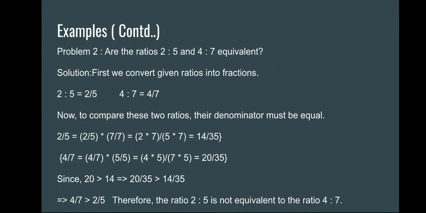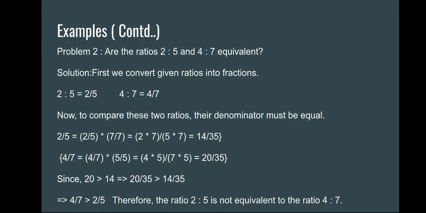Similarly, I am going to multiply 5 to the numerator as well as to the denominator of the fraction 4 divided by 7. That is 4 into 5 divided by 7 into 5, which is 20 divided by 35. We can see that the denominators are the same, so I am going to compare the numerators.